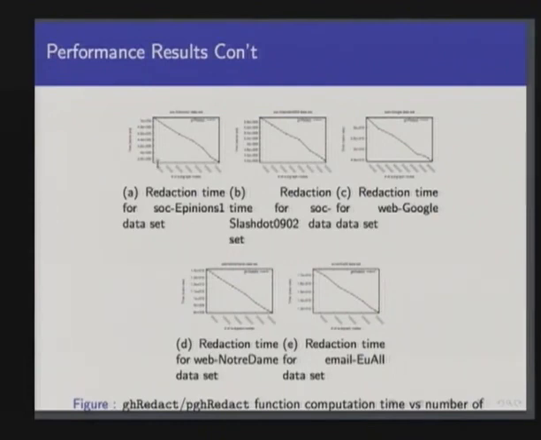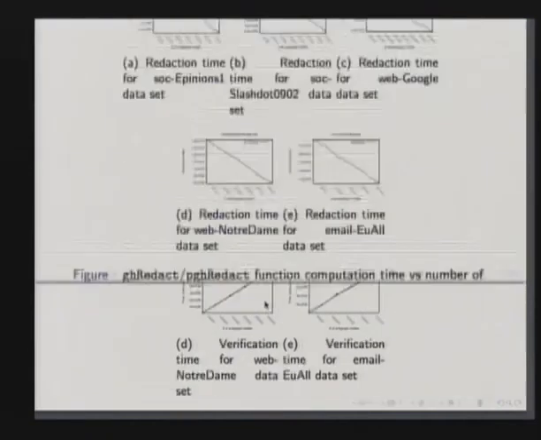These are the subquery result sizes returned to the user. For the smallest size, the time to redact is the highest. This is because the redacted subgraph is the other part of the graph which is not returned to the user, and the third party had to do a lot of computation. We see this trend in all other graphs: as we increase the subquery result size, the redaction time goes on decreasing.